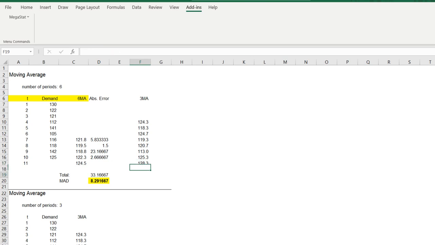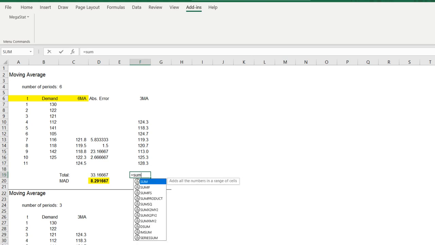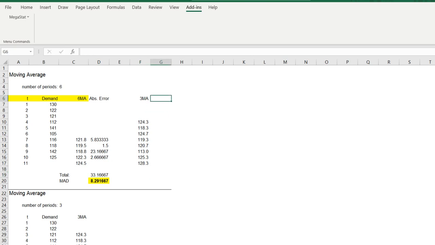And let's do the math here. So I'm just gonna find the total deviations. That would be, oh, actually, sorry. I need to do my absolute errors. And beginning with the 4th period, I have an error. So that's going to be the absolute value of the actual minus the forecast.